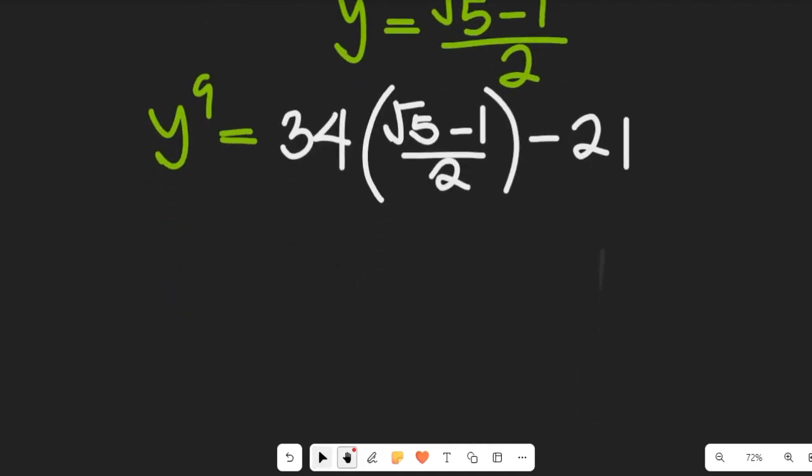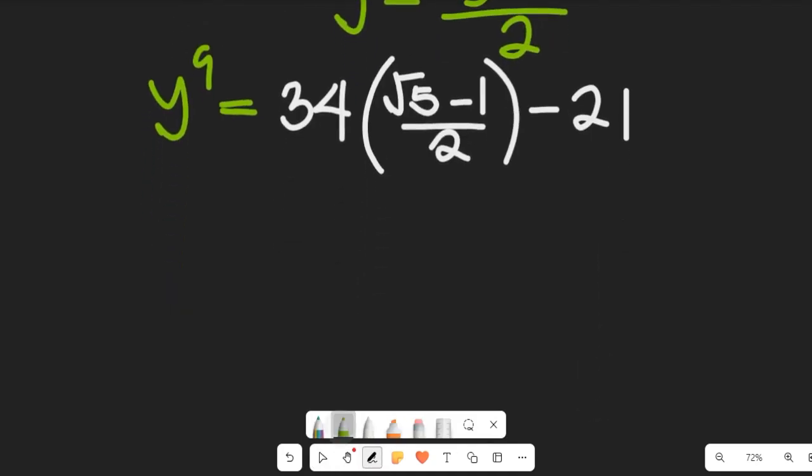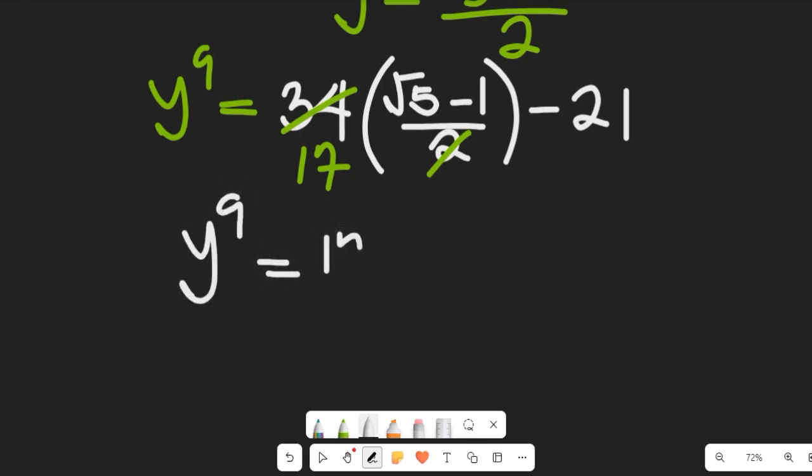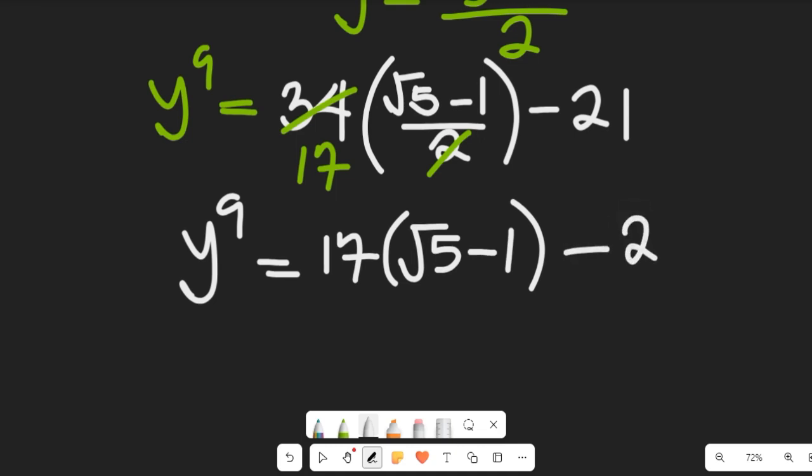So simplifying this, you'll find out that 2 will clear 34 to give us 17, right? So that expression will now give us the value of y to the power of 9 to be equal to 17 multiplied by the square root of 5 minus 1, and this will be minus 21.